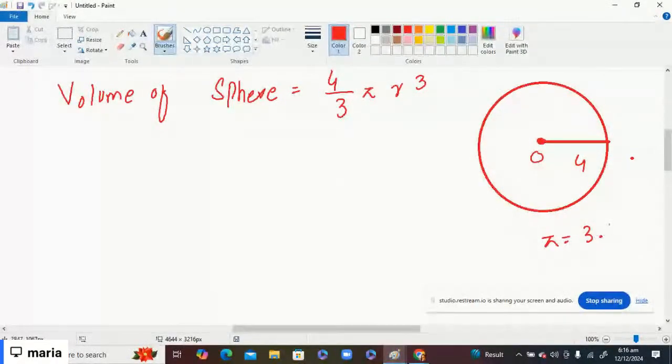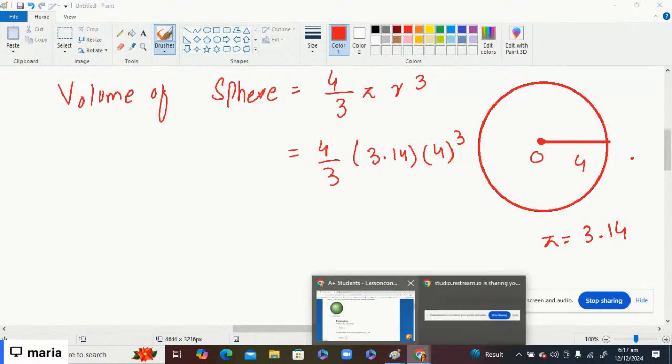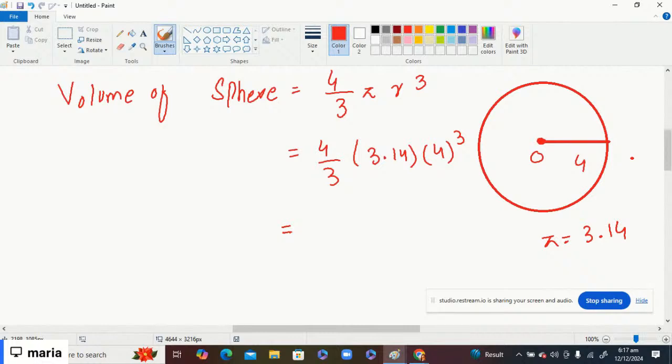Pi is already given 3.14. So 4 by 3, in place of pi just putting 3.14, in place of r just putting 4 cube. Okay, so multiply. First of all, 4 times 4 times 4, 4 times 4 times 4 multiplication, then times 3.14.